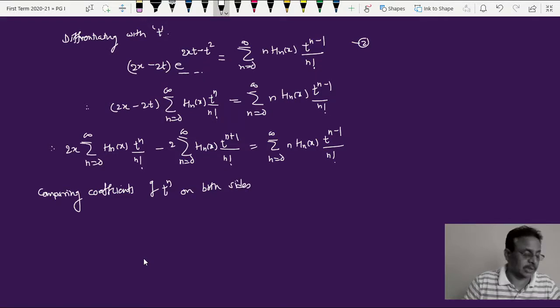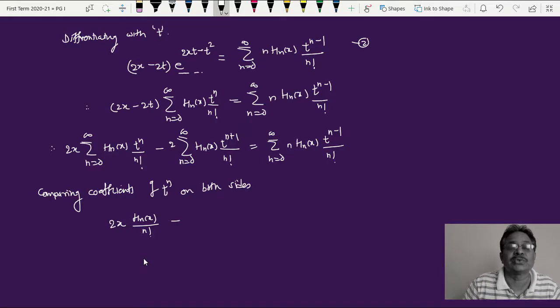Okay, coefficient of t raised to n on both sides of above equation. I am just marking here. Now we can remove this summation over n equal to 0 to infinity. If this is removed, I'll get this to be simply twice x into h_n of x upon n factorial, left hand side, minus here I have to replace this n by n minus 1. So this is h_{n-1}, n minus 1 factorial, and here it is t raised to n.